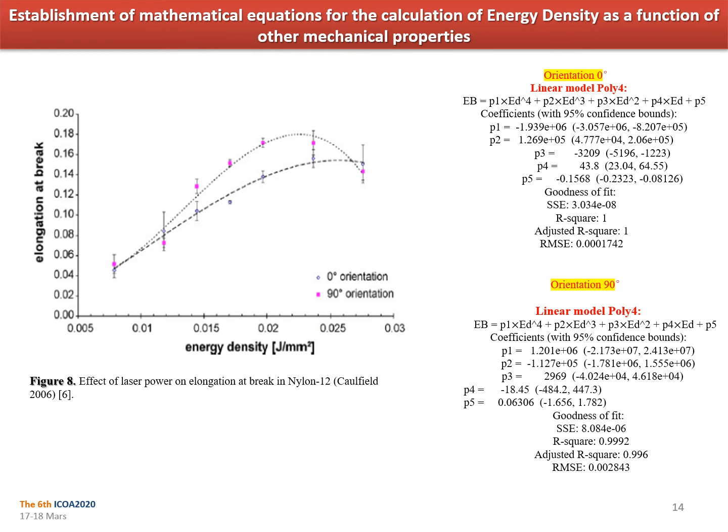Here in figure 8 we have the effect of laser power on elongation at break in PA12, and this is from the work of Colfide in 26, and we have found the relationship equation between these two parameters by the linear model.